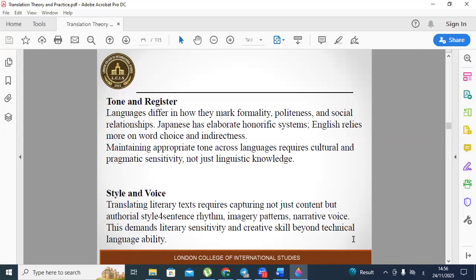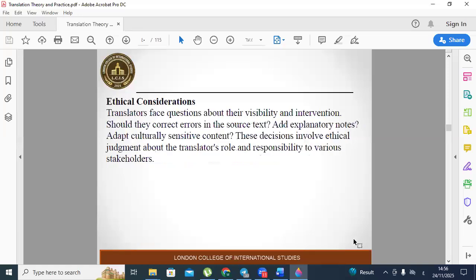Style and voice. Translating literary texts requires capturing not just content but authorial style, sentence rhythm, imagery patterns, and narrative voice. This demands literary sensitivity and creative skill beyond technical language ability. Ethical considerations.